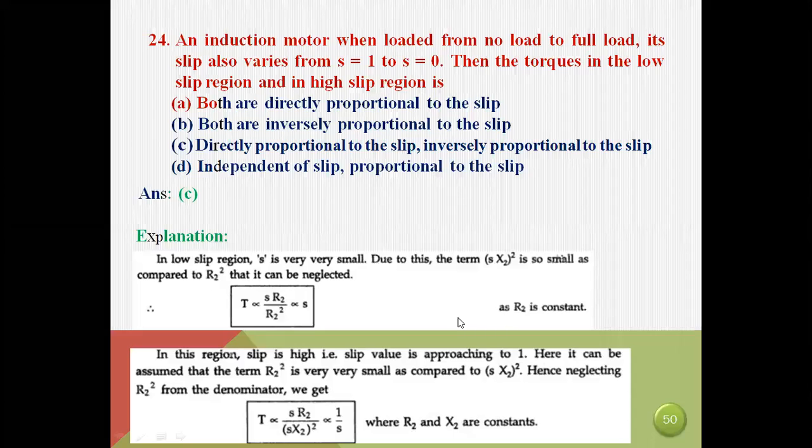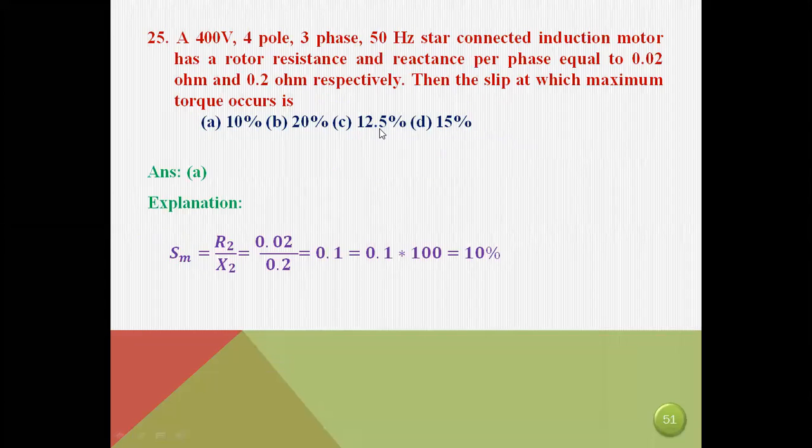You can see another one. There is a question like a 400 volt, 4 pole, 3 phase, 50 hertz star connected induction motor has a rotor resistance and rotor reactance. If they are giving rotor resistance and rotor reactance, you are supposed to solve for the maximum slip. Maximum slip is nothing but R2 upon X2. They have given resistance 0.02 and reactance 0.2.